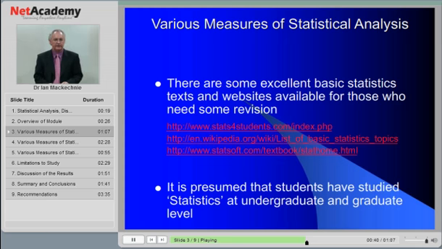And we have listed here some of the very simple and interactive websites that are available to help research students both revise and understand some of the important statistical measures that need to be done in common quantitative research.